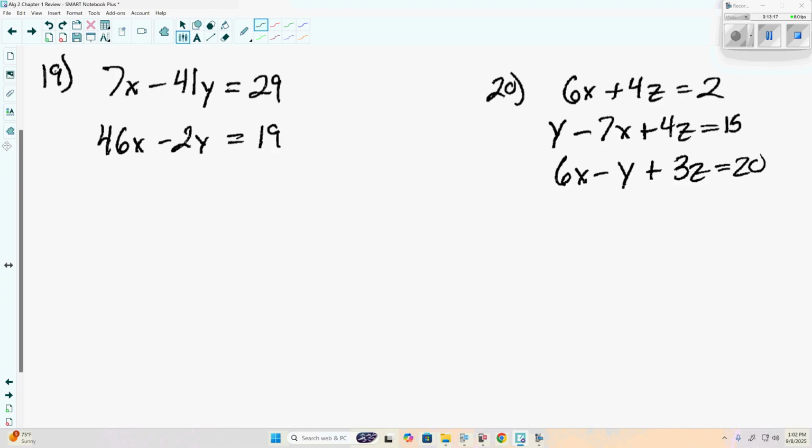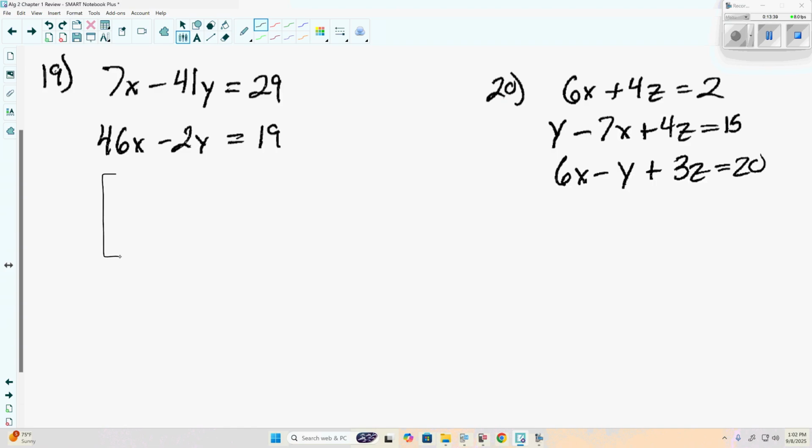Augmented matrix and state the dimensions. So we write it as an augmented matrix. We need to make sure the variables are on one side, numbers on the other, and they're in the form of x, y, or x, y, z. So 19, the first equation does have x, y on the same side. They are in the correct order. Same with the second equation.